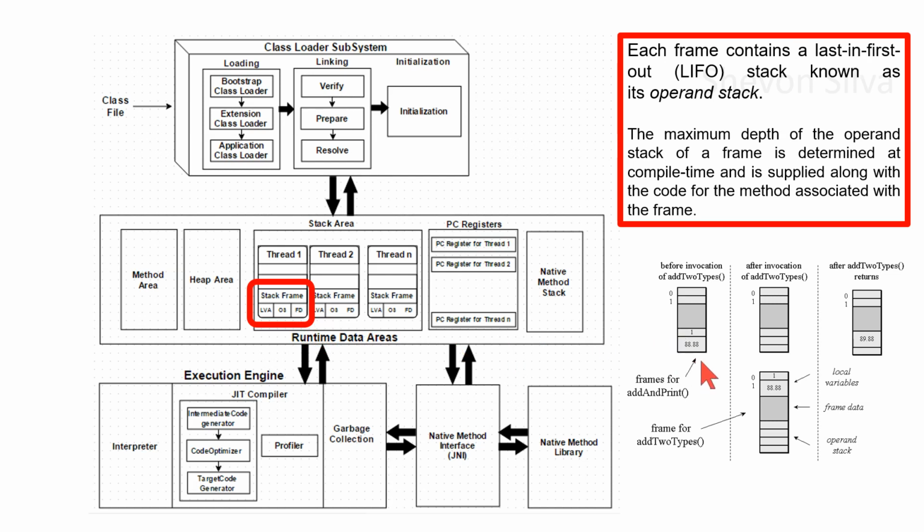Here you can see the invocation process of a method called add two types. This is the basic frame structure here in this diagram, and these are the frames for add and print.